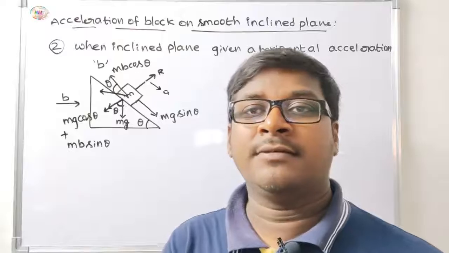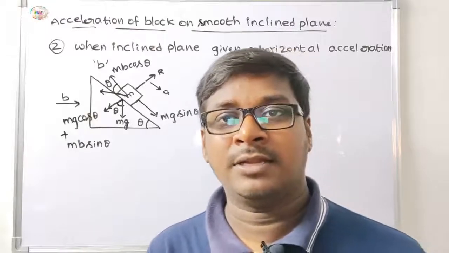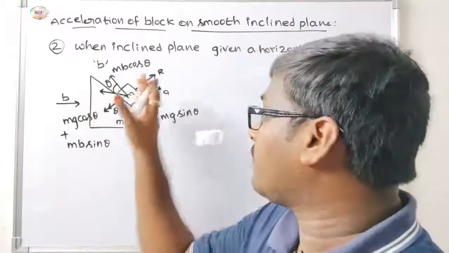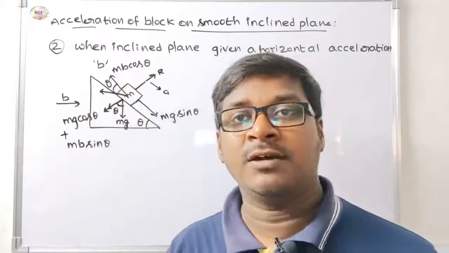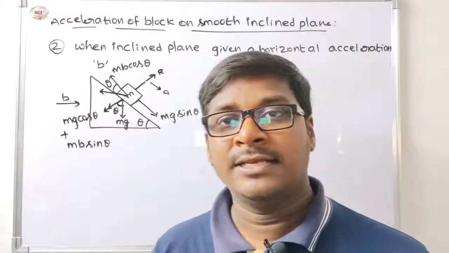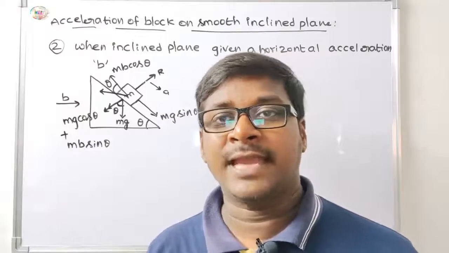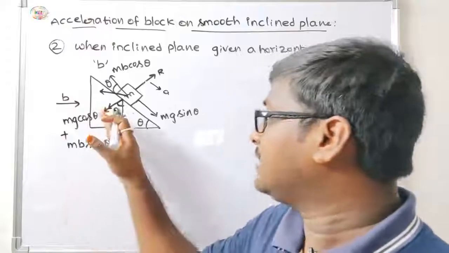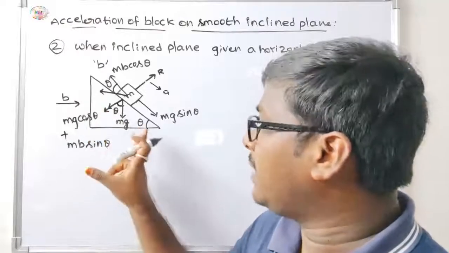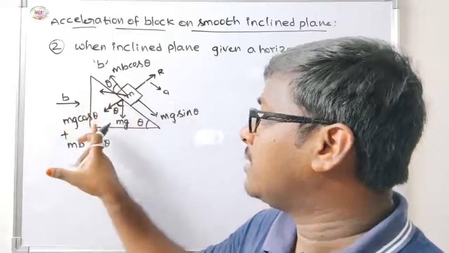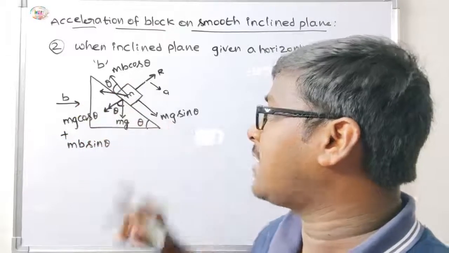One is the normal or reaction force, acting upward, perpendicular to the surface. The other is mg, the gravitational force, acting downward, resolved into mg cos theta and mg sin theta.